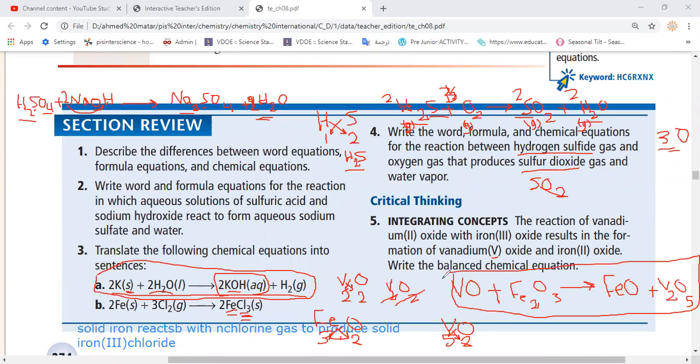Next time, you should tell me the balance of this chemical equation. That will be kind of an assignment, in the worksheet that you're going to find in SMS. So please do your assignment and be ready next time, because I'm going to ask each one individually about this part. You should memorize all the definitions and know how to balance the chemical equation, because we're going to use a sheet of balancing chemical equations. I'm going to specify an equation for each one of you to balance. So practice well, and I'm going to discuss this next time, inshallah.